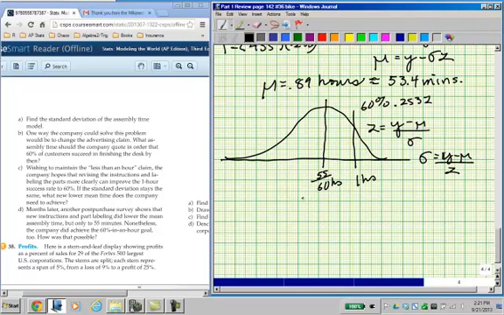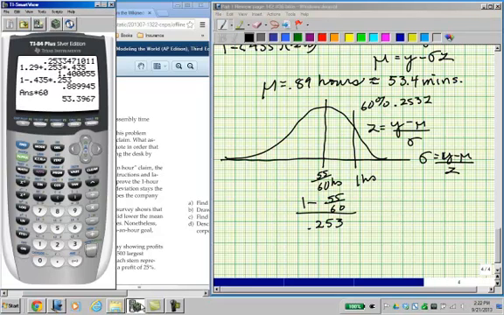Y is 1 hour, mu is 55 over 60, and the z-score is 0.253. And we solve that and we'll get our standard deviation. That will give us approximately 60% of the customers assembling the materials in an hour or less.